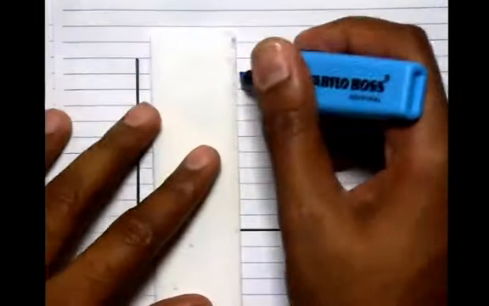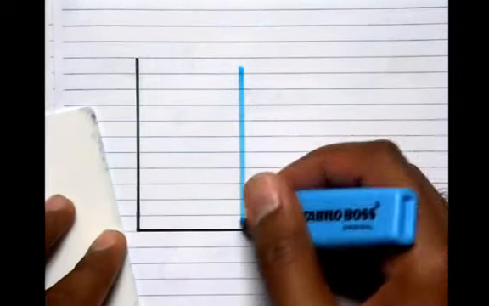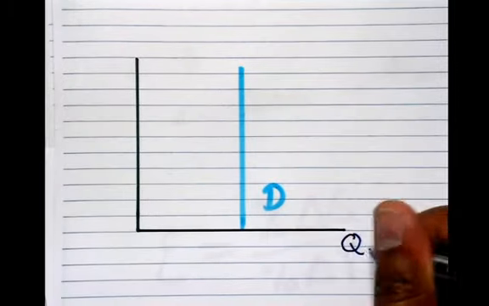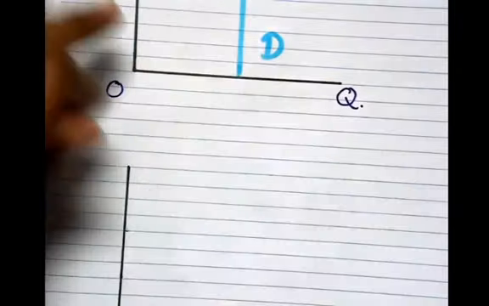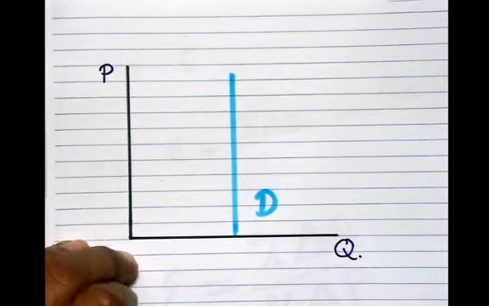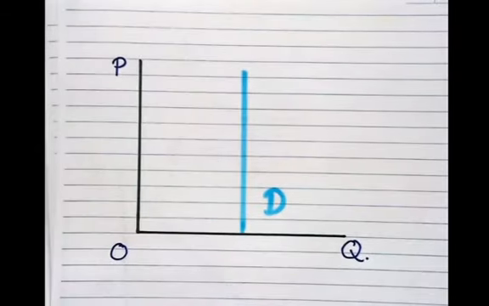What's so special about that demand curve? It's vertical. Is this product sensitive to the price?